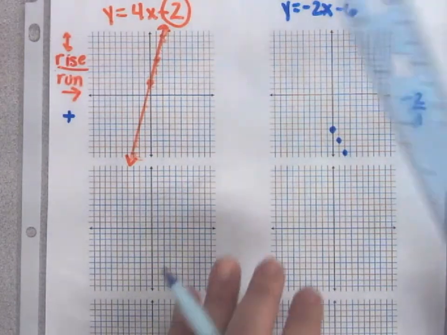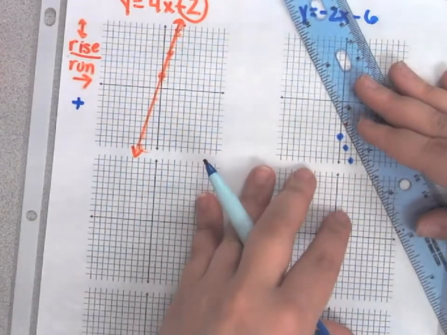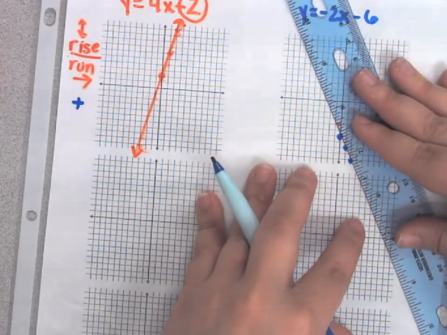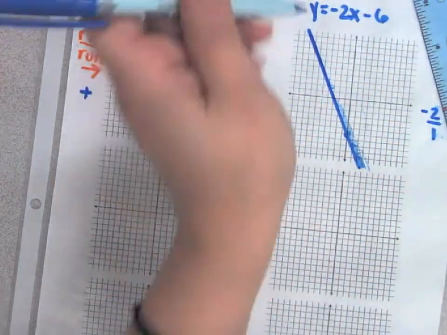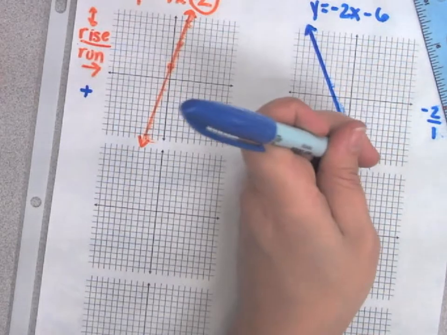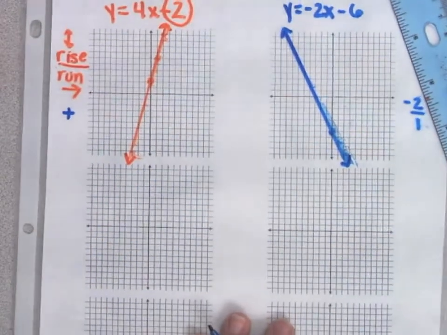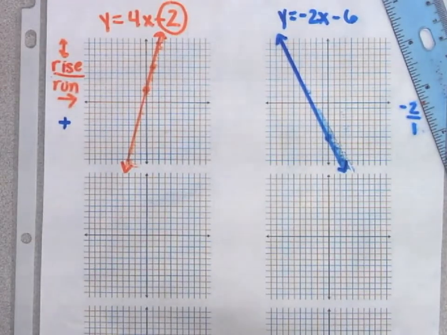3 points make it way easier. Mine's always going to smear because I'm using markers. Connect them, and then look. Draw the line. Put arrows on the end. That's what I get for using markers.